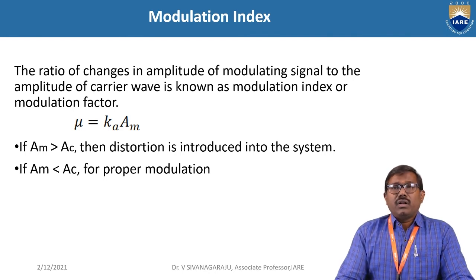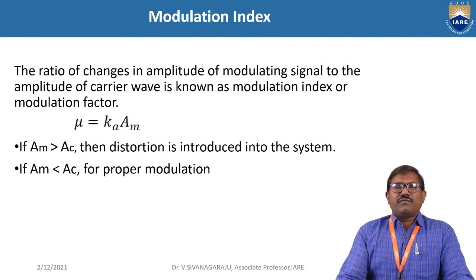Already having a carrier signal, the amplitude of carrier is AC. So if AM is greater than AC, distortion is introduced into the system. So for proper modulation, AM less than AC. The amplitude of the message signal must be less than that of the carrier amplitude. Okay.